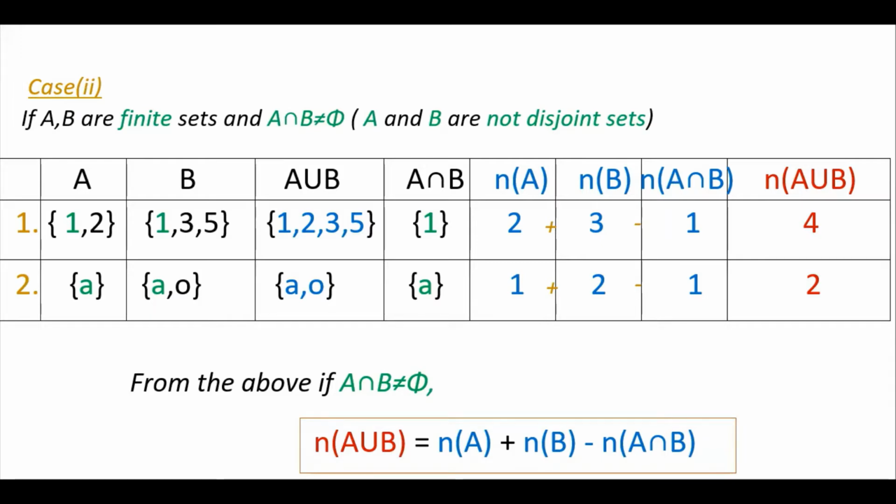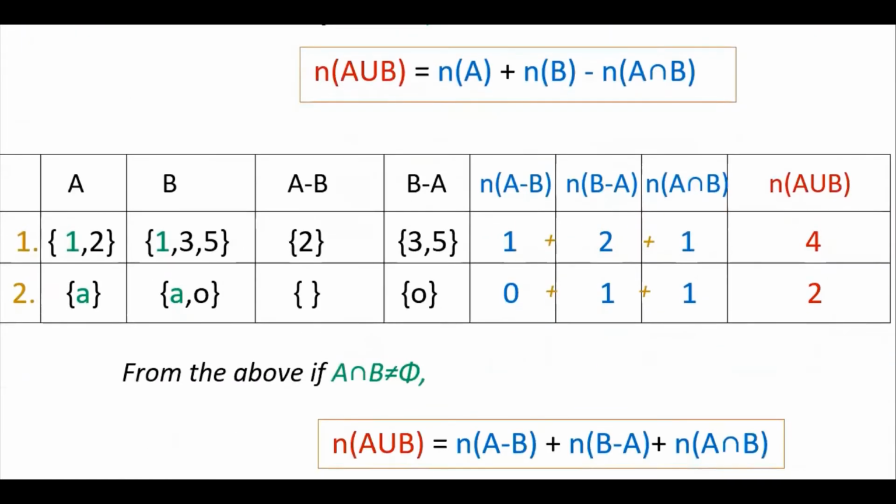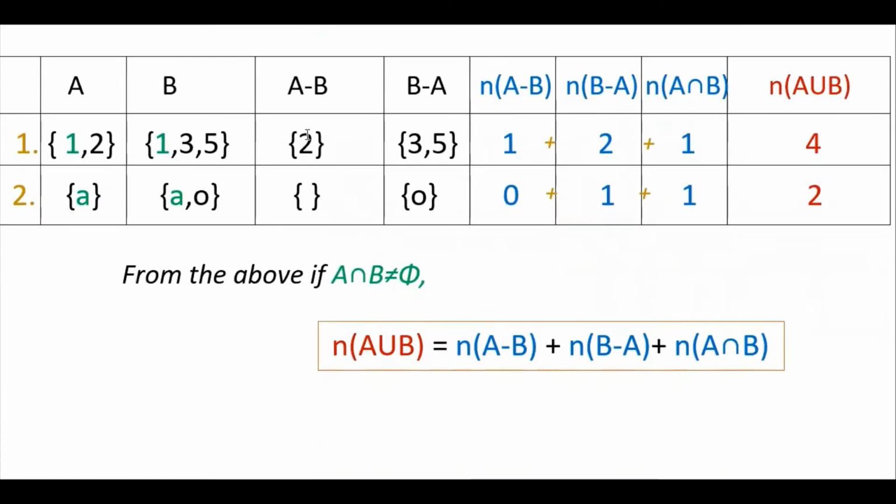Similarly, in this case, A intersection B is not equal to an empty set. For A minus B, you have to write A's elements excluding the common element 1. So that is 2, and here B minus A is 3, 5. n(A minus B) is 1, n(B minus A) is 2 elements, and n(A intersection B) is only one common element, so 1.